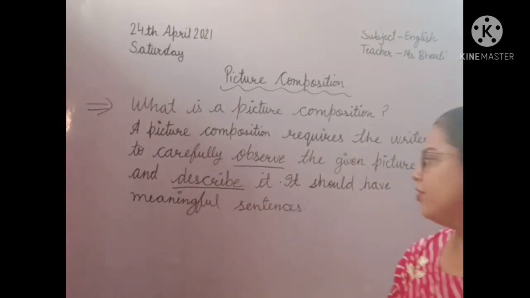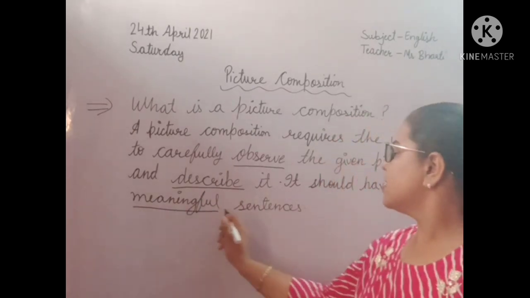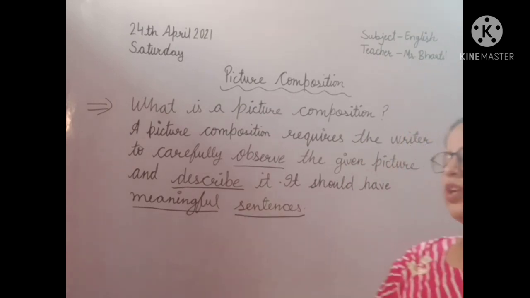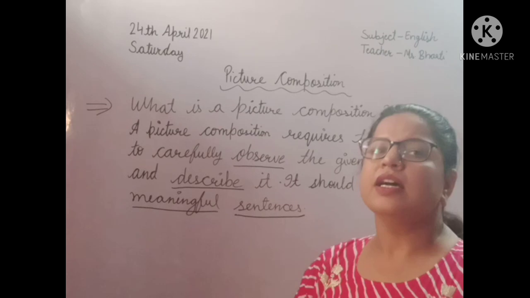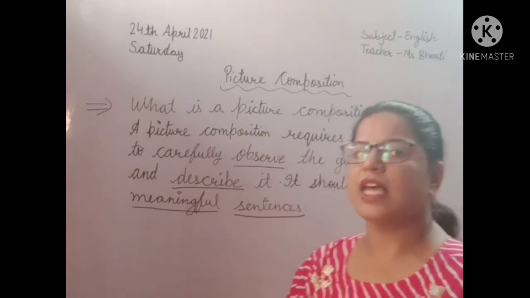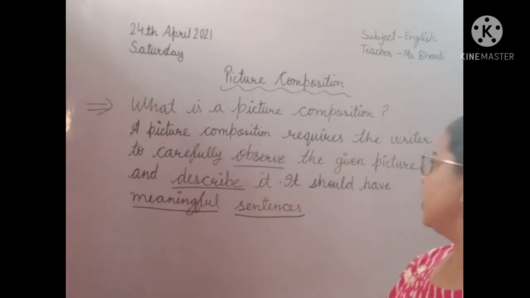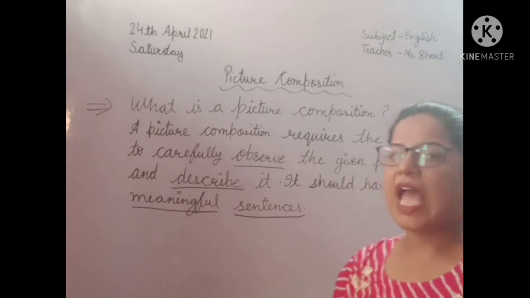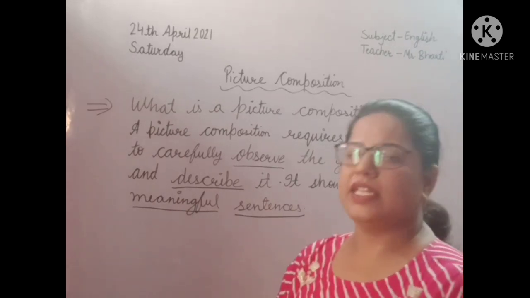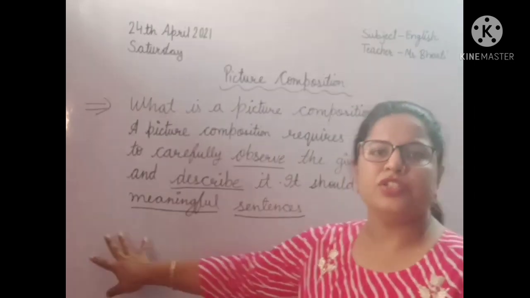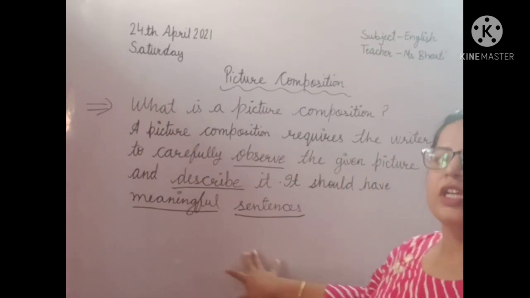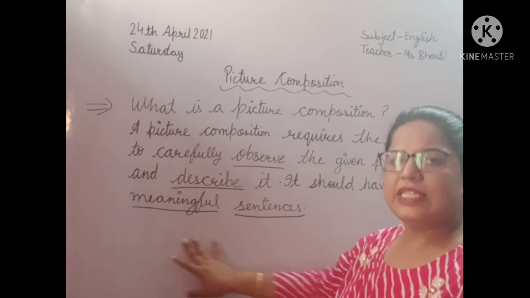It should have meaningful sentences. So a good picture composition is that in which the writer writes the sentences after carefully observing the given picture and then describing it. The sentences used in the composition should be meaningful. They should make sense.